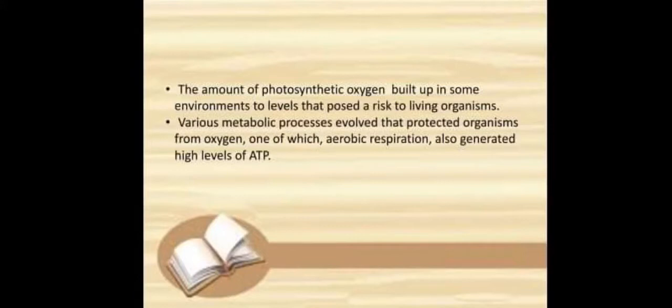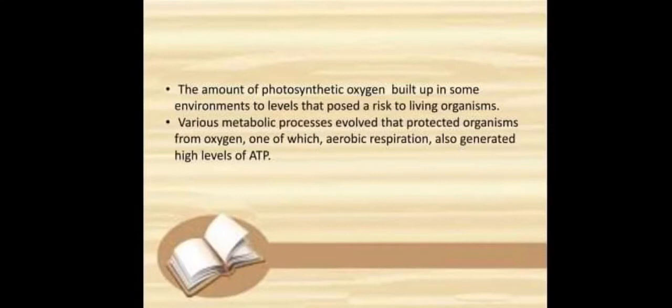Organisms that did not acquire aerobic respiration had to remain in oxygen-free environments. Originally, oxygen-rich environments were likely localized around places where cyanobacteria were active, but by about 2 billion years ago, geological evidence shows that oxygen was building up to higher concentrations in the atmosphere.